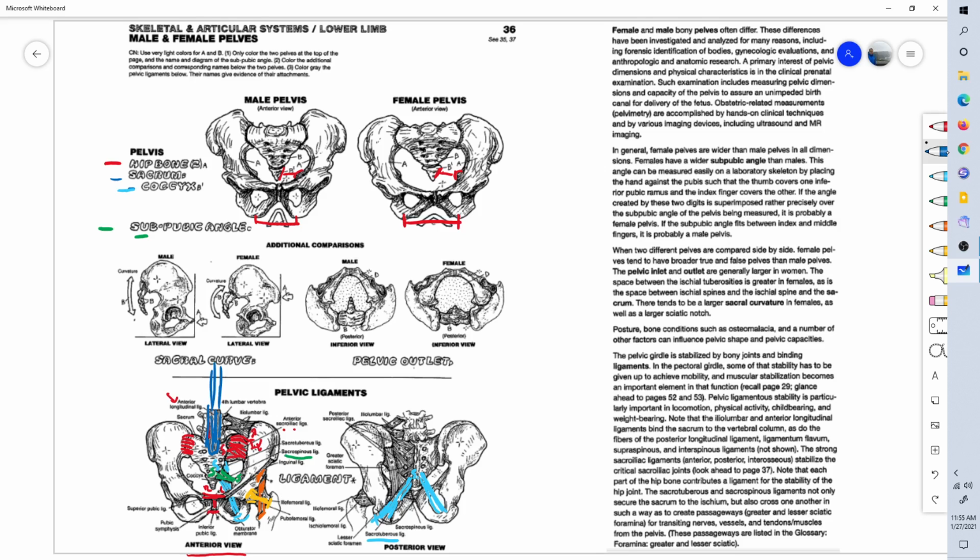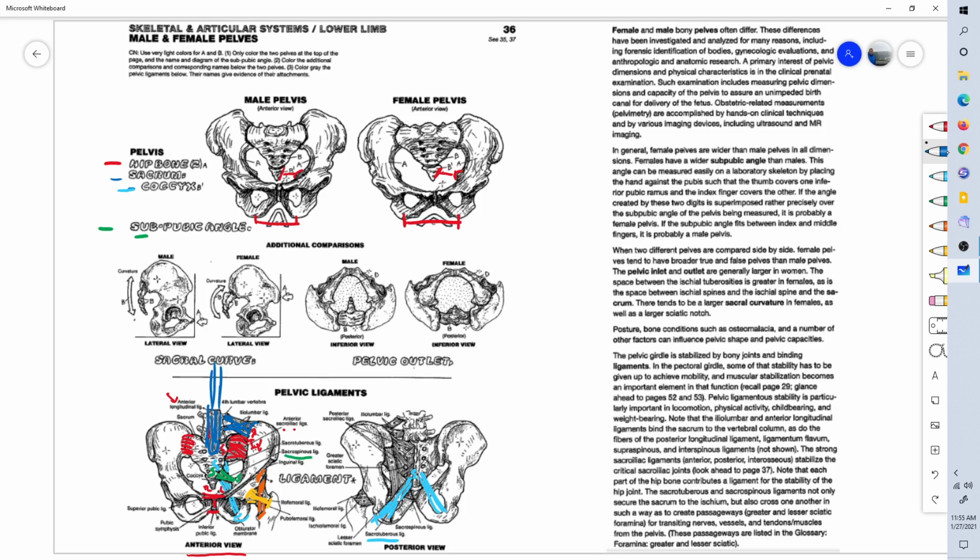Now here, some very important ligaments, especially for therapists dealing with back pain. These are often curiously involved in back pain and stability: the iliolumbar ligament, from the ilium to the lumbar vertebrae.